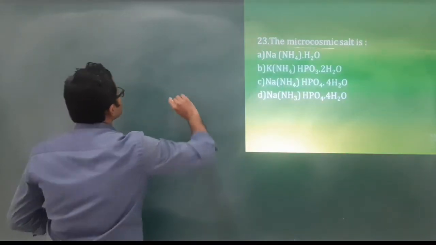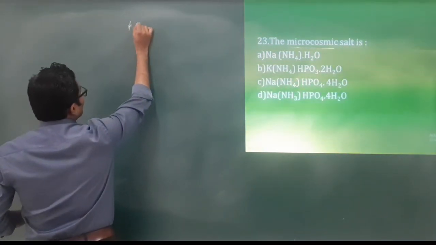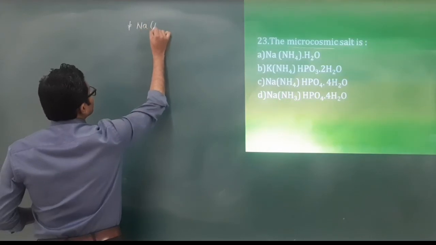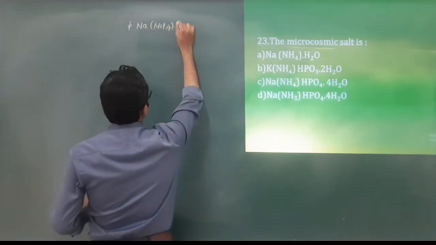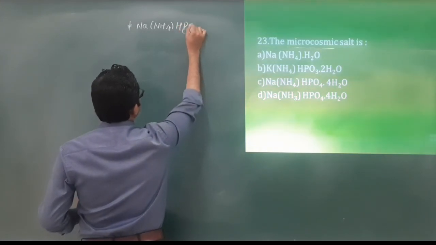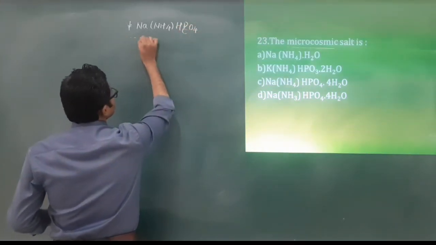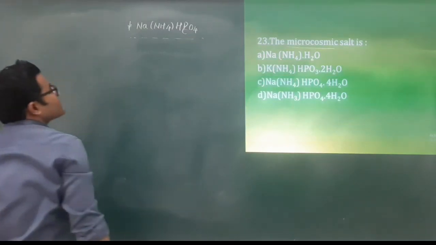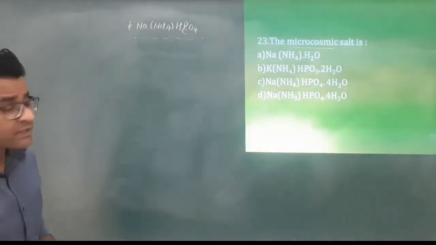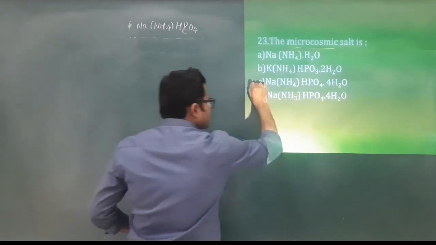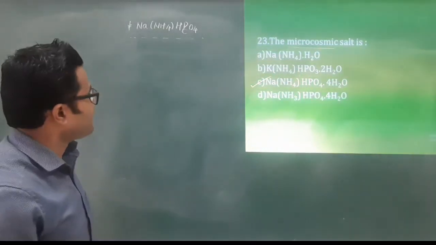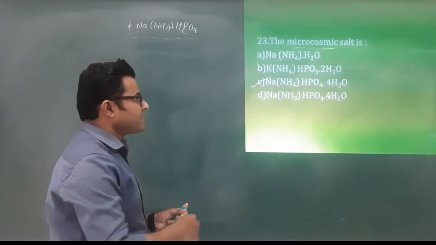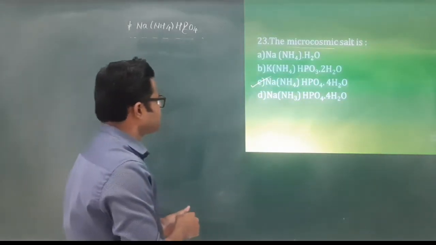That is a combination of sodium, ammonia, and the phosphate. So sodium ammonium phosphate is the microcosmic salt. Okay, so question number 23, option is C.